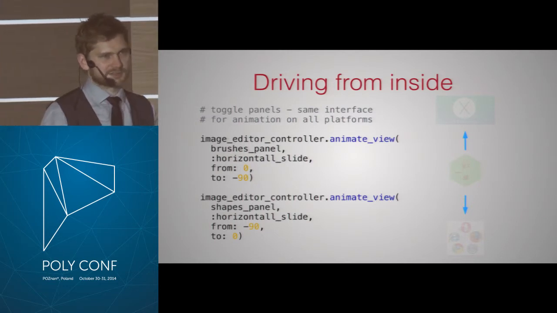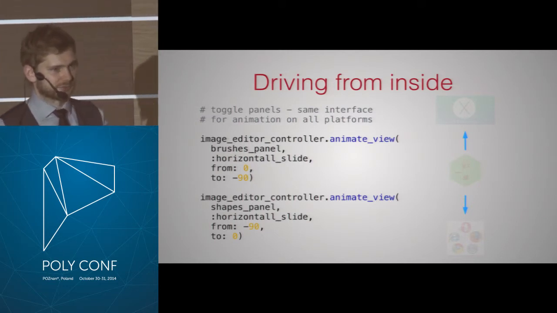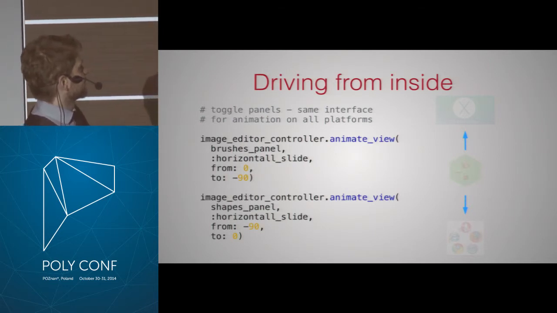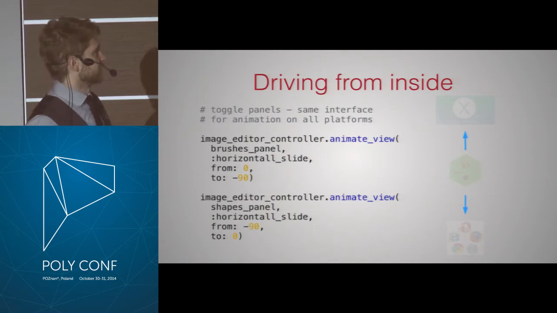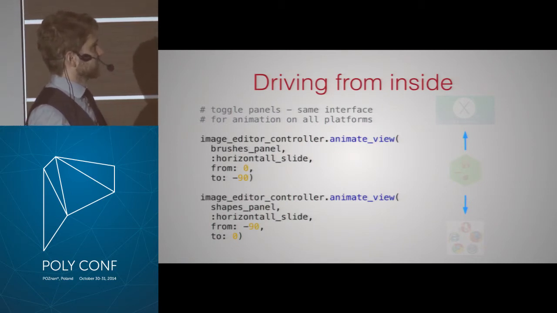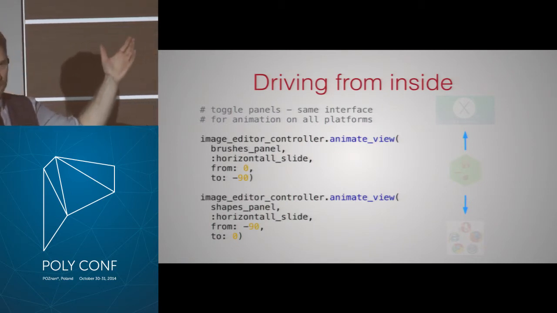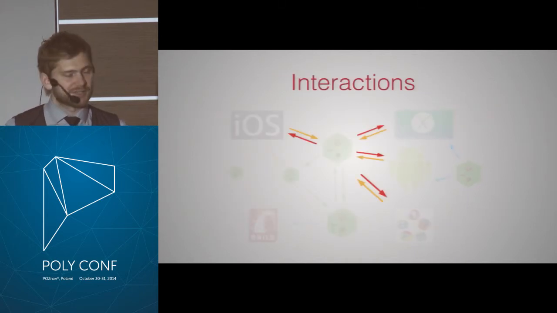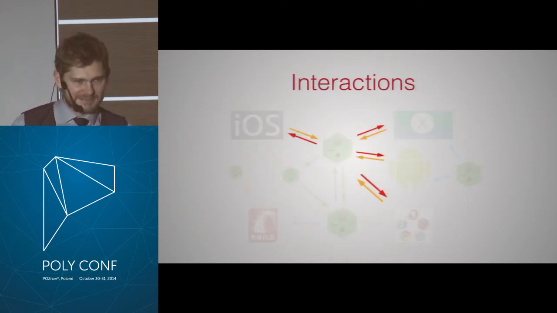You just have steps for the wizard or something like that. Or you have some kind of image editor controller that can animate some view. And this will be implemented differently on multiple platforms, but the interface can be the same. So your cross-platform code can drive your application from the inside.